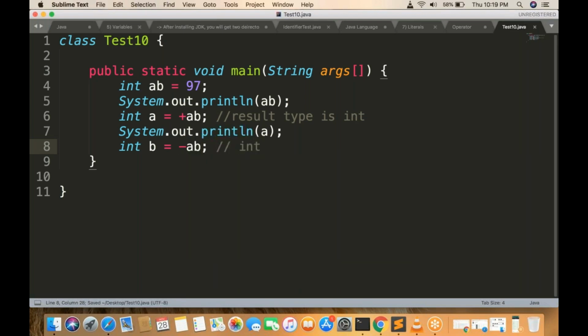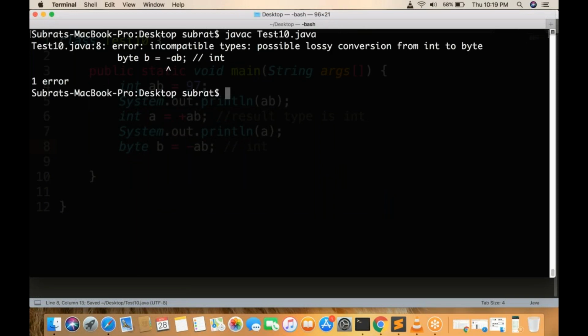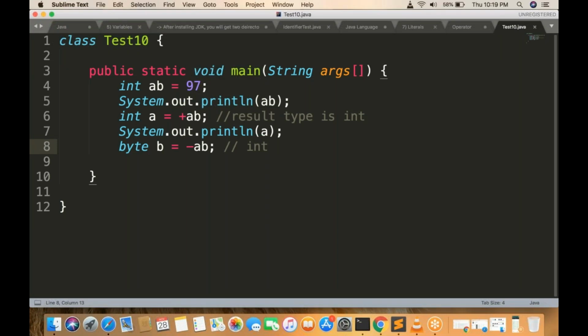Int only, and we are storing into int only. If we use byte here and the result type is int, you will get an error: incompatible types, possible lossy conversion from int to byte, because the JVM is not able to convert the integer value into a byte value. That's why that is invalid. We have to write int b is equal to minus AB, then there is no problem.